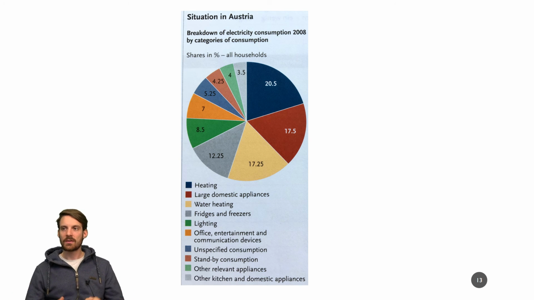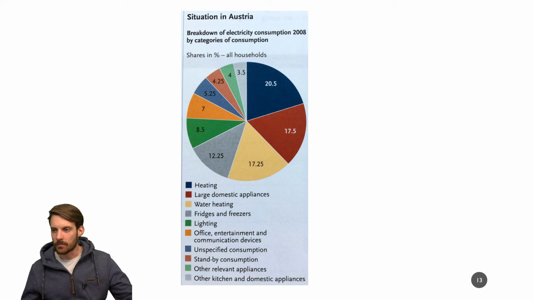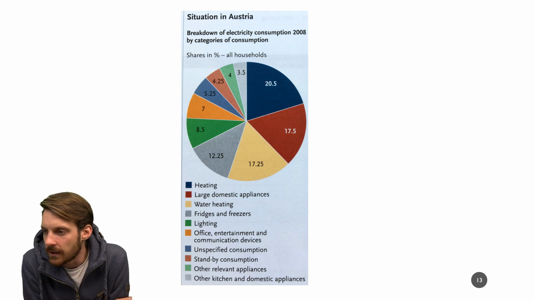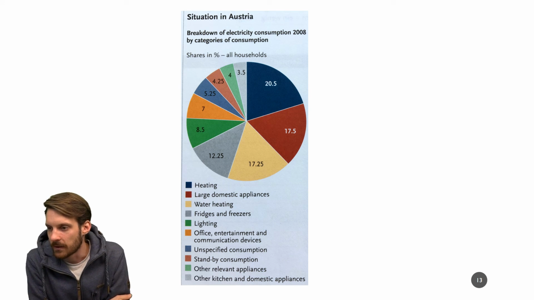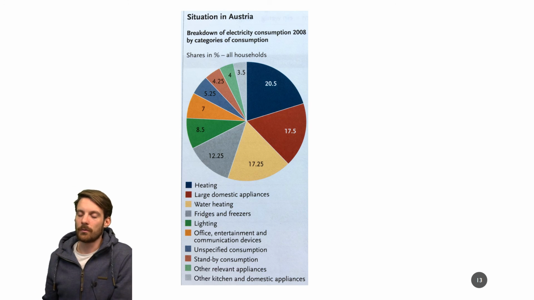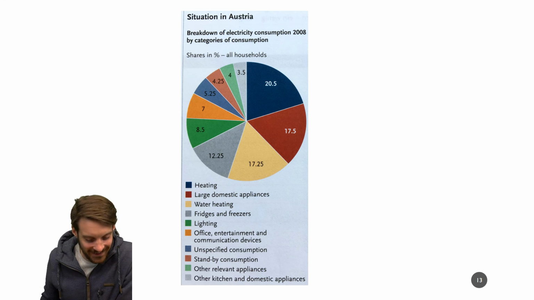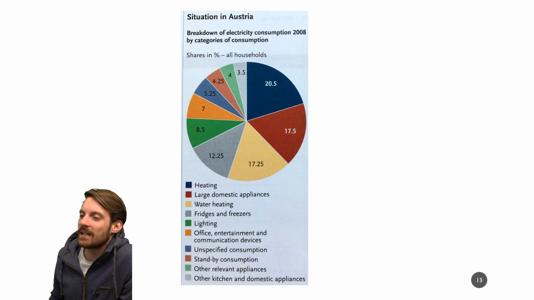So it is surprising that the water heating takes up 70.25%, but the lighting only 8.5.